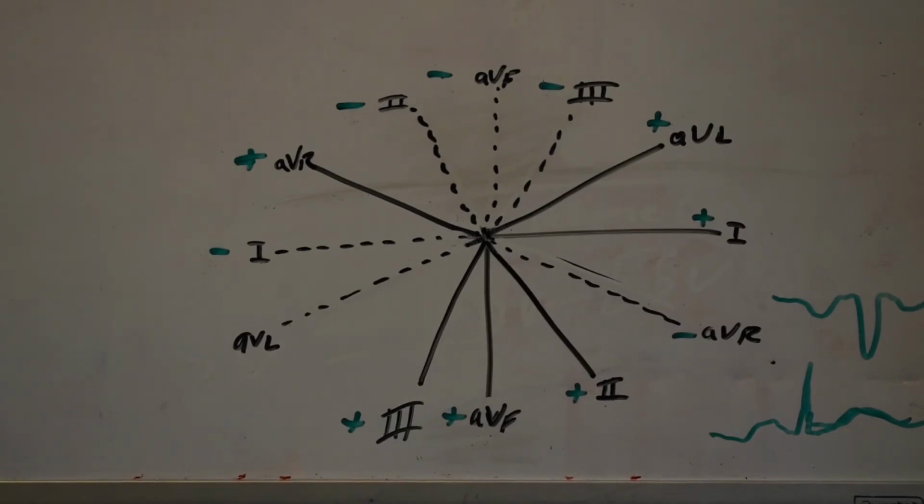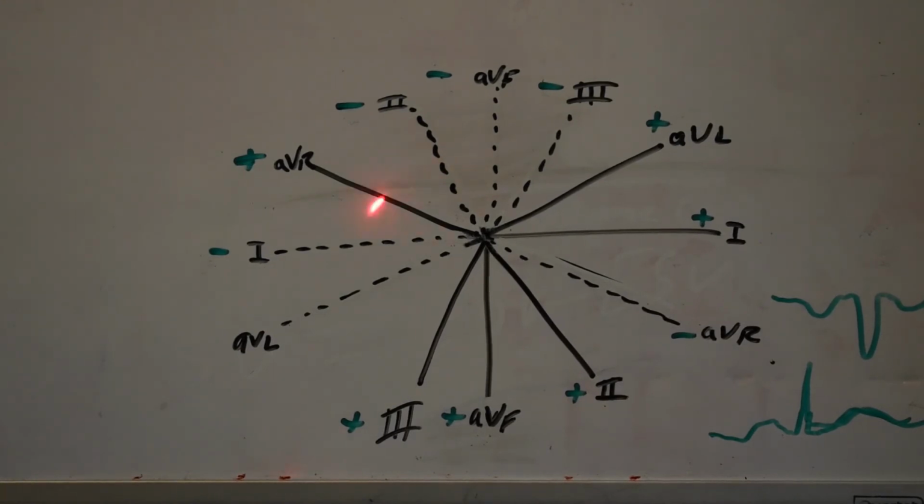But you can have normal axis, left axis deviation, right axis deviation, or extreme right axis deviation. I think that's still the nomenclature they use. But the hexaxial diagram, specifically for exercise physiologists, is definitely something you're going to want to remember. It's going to be vital when it comes to EKG interpretation.